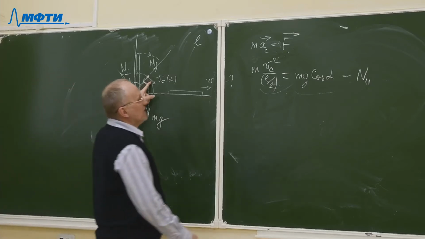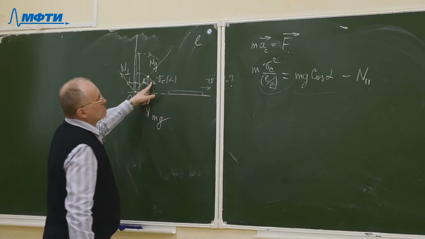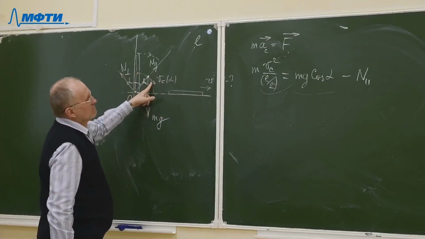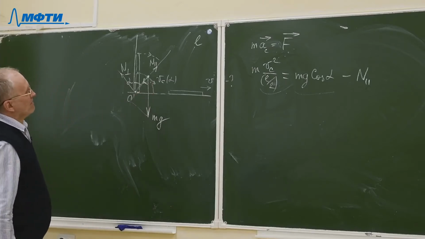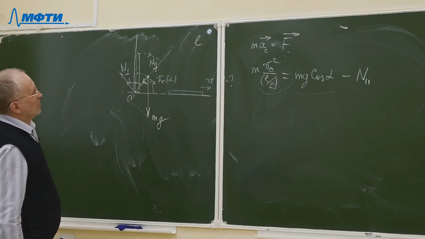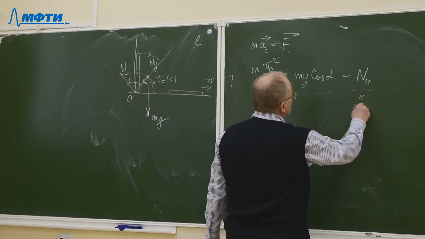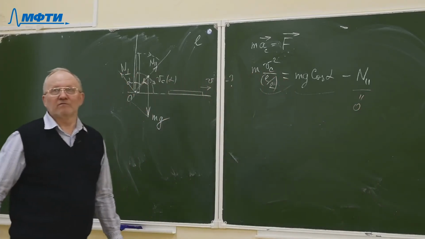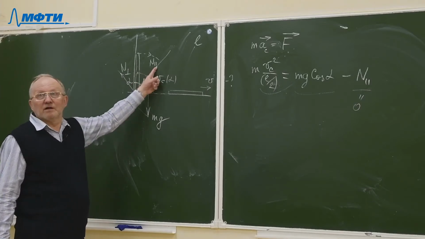But what happens if N parallel equals 0? What happens in this moment?